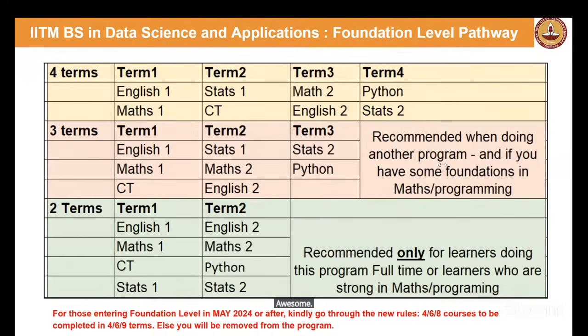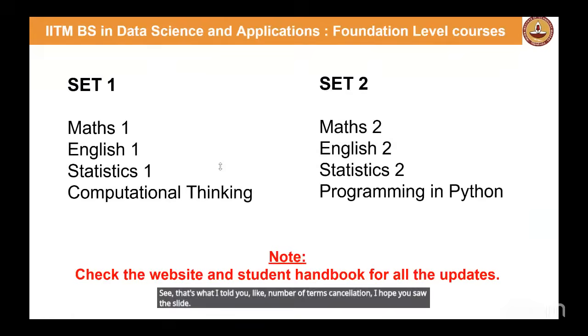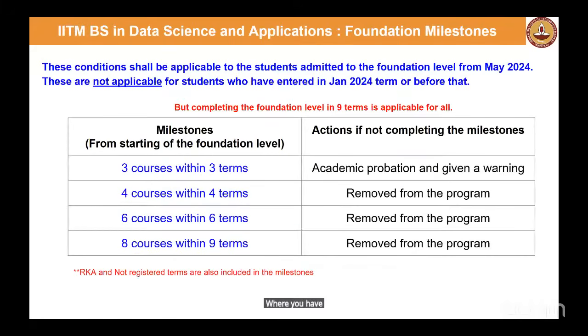Ma'am, how many times can we redo a course, if we don't pass it? See, that's what I told you, the number of terms calculation. I hope you saw the slide where only the number of terms is counted. We can do the same course repeatedly.